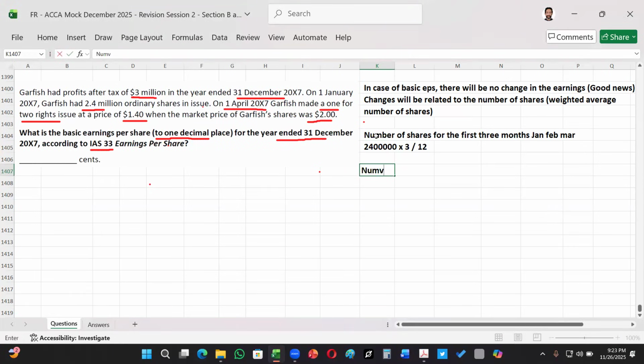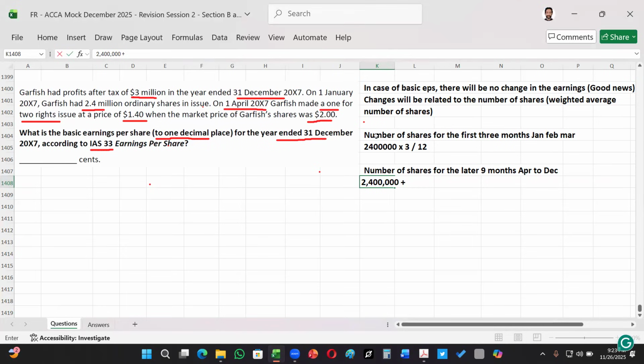And the number of shares for the later 9 months, that is from April to December, are going to be increased. We have the 2.4 million, plus we have the rights issue.